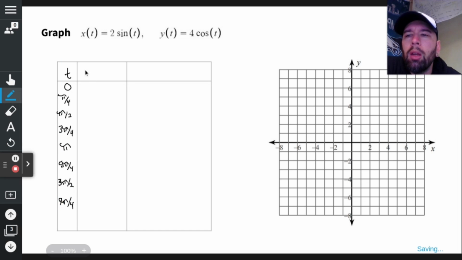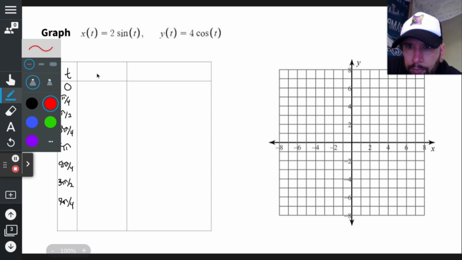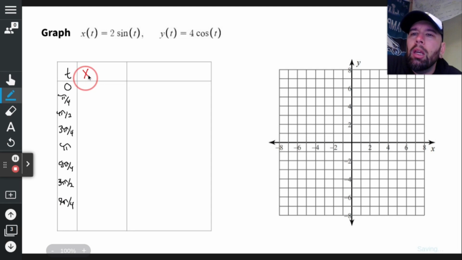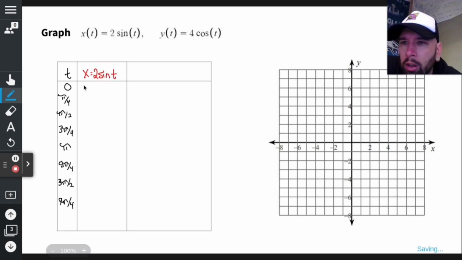All right. My x value is going to be 2 sine t. So this one is going to be 2 sine 0. Sine 0 is 0, so 2 times 0 is 0.